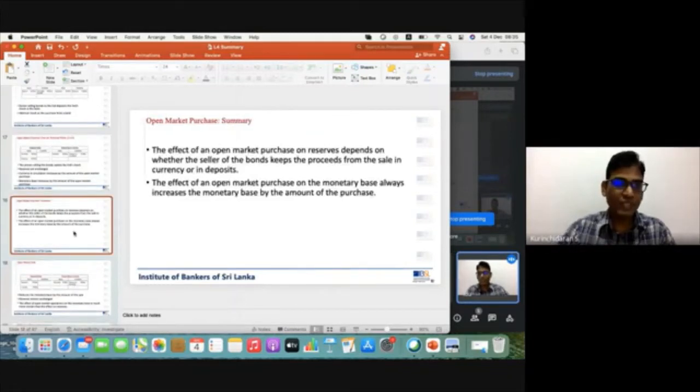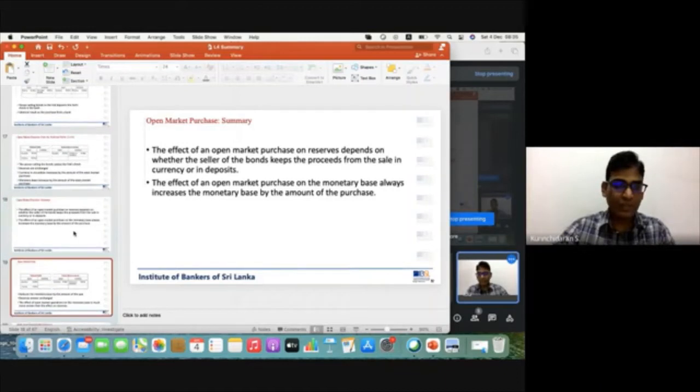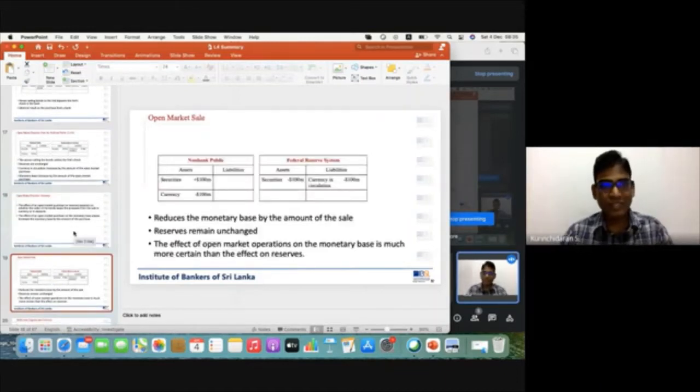So we stopped here, open market purchase summary. Today I'm going to continue with open market sale. When we say purchase, the central bank purchases securities from the open market. So how the balance sheet changes, that's what we saw. And today we are going to see open market sale.